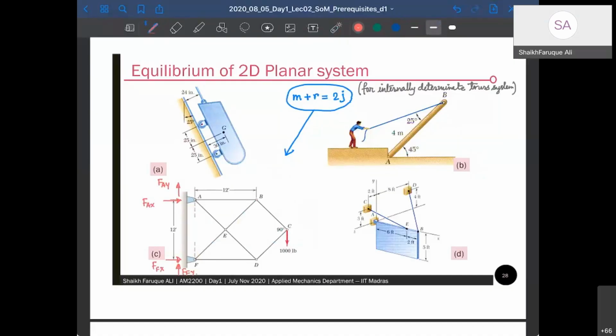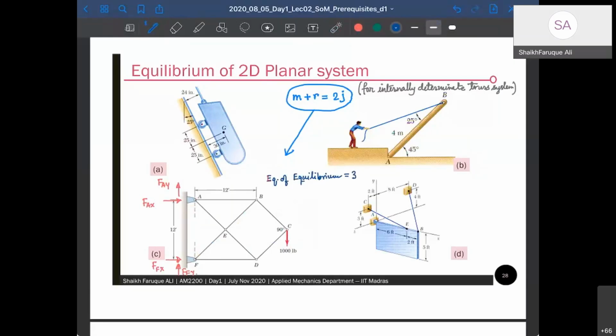It's indeterminate, right? My equations of equilibrium are 3 for a 2D problem. Equations of equilibrium equal to 3, right?